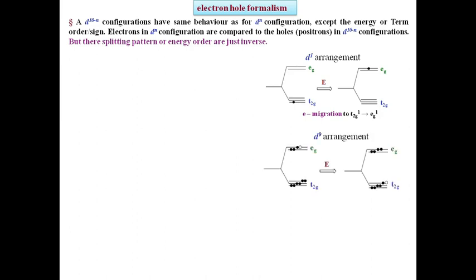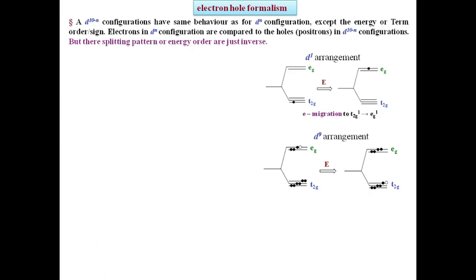Here we consider d1 system in an octahedral environment where an electron is in t2g orbital in the ground state. After absorbing energy, the electron is excited to the upper energy level, that is eg level. Again, comparing this transition with d9 system, which is nothing but d10-1 arrangement.